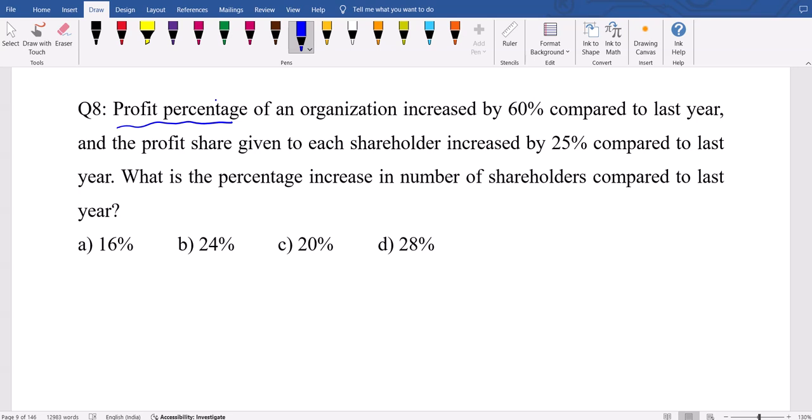Increased by 60%. Initially, you observe what is given. Okay, then finally, question is regarding number of shareholders.